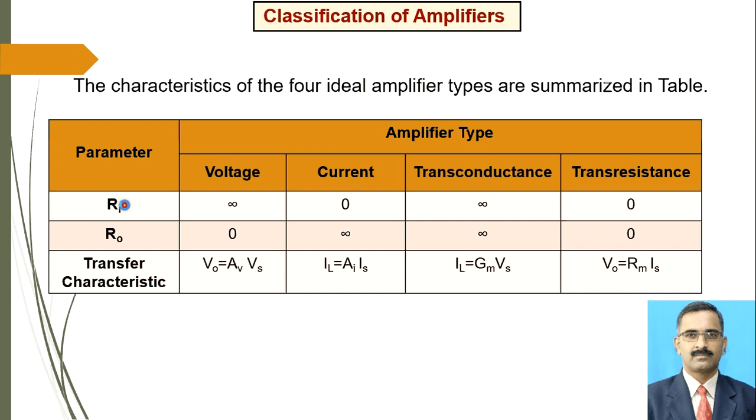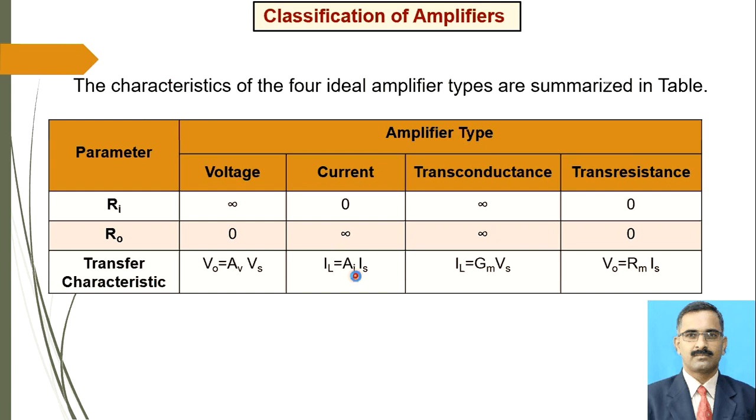For the voltage amplifier, input resistance is infinite and output resistance is low, so the transfer characteristic is V0 equal to Av into Vs. For the current amplifier, input resistance is zero, output resistance is infinite, and the output current is IL equal to Ai into Is.